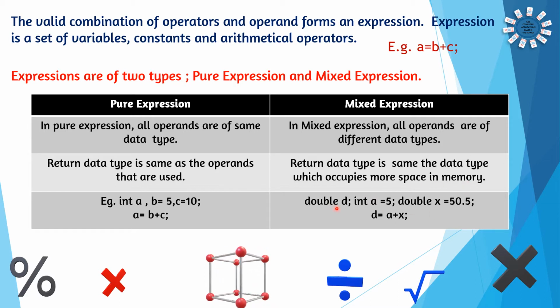When we consider int and double, int occupies 4 bytes and double occupies 8 bytes. So the return type is the data type which occupies more space. Double occupies more space, so when we say A plus X, that means 5 plus 50.5, the return type is double.